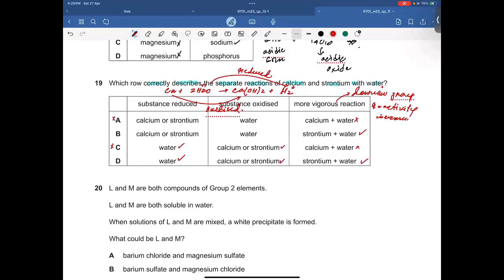All right. Therefore, right answer is going to be D. Okay. So calcium changes its oxidation state from 0 to +2, and therefore it is oxidized. And the same criteria goes for strontium, which means the substance oxidized in this reaction is calcium or strontium.